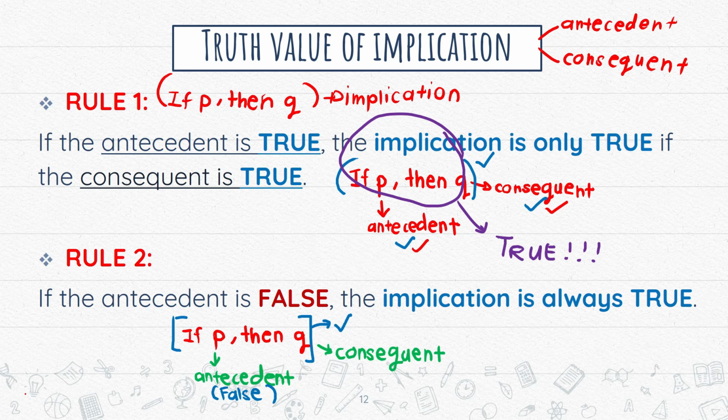Rule number 2 is easy. If the antecedent is false, then the implication is always true, no matter if the consequent is true or false. That is the difference between rule number 1 and rule number 2. Do you understand?